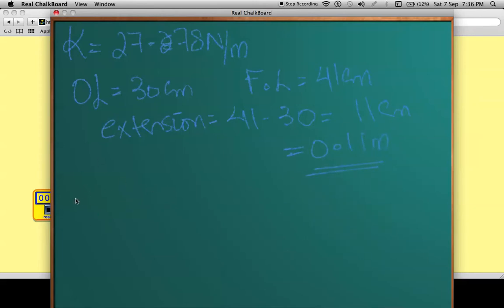Now using our formula, F equals K times extension, where this is the K, let's find out the force of gravity. So the force of gravity would be given by 27.78 times 0.11 meters.